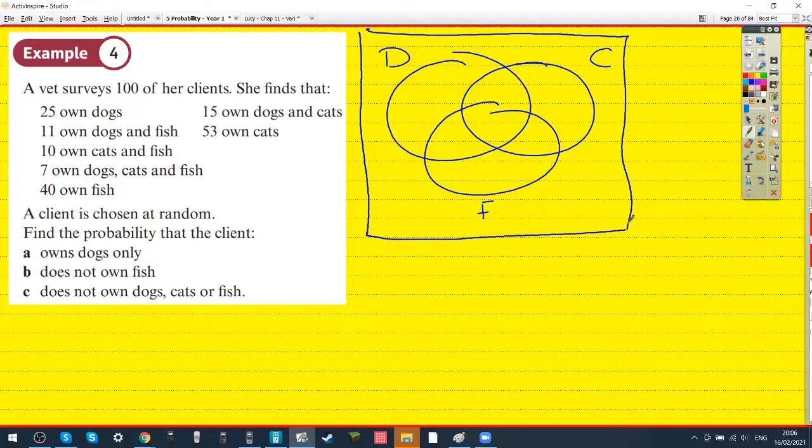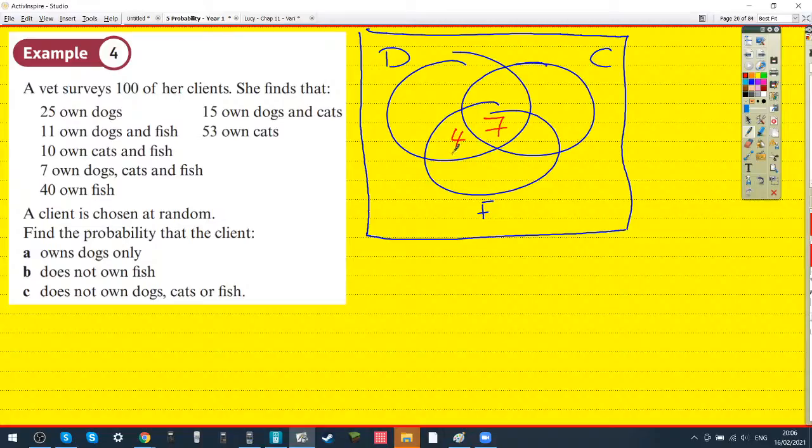Yep. So, and then we'd look at dogs and fish. So you do 11. Would it be 11 plus 7 or minus 7? Minus. So it'd be 4.